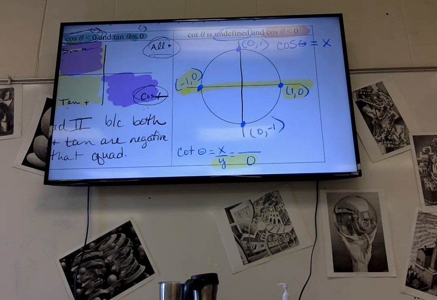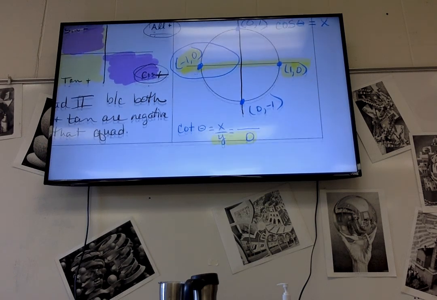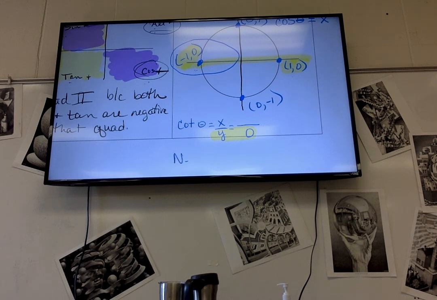Where the x-coordinate is negative is here, on this point. So that's going to be on the negative x-axis. So it's just this side.